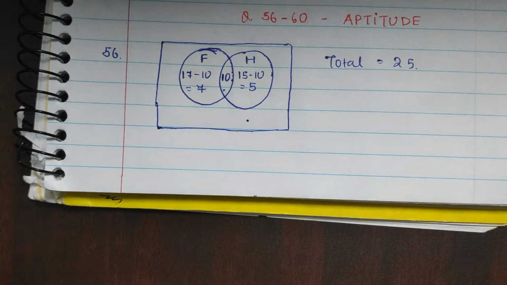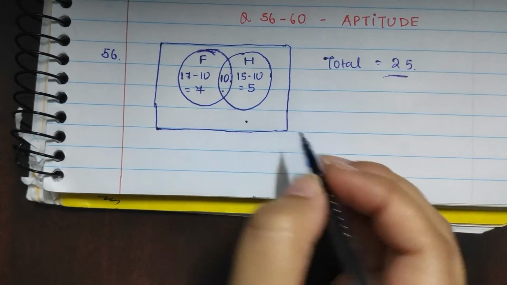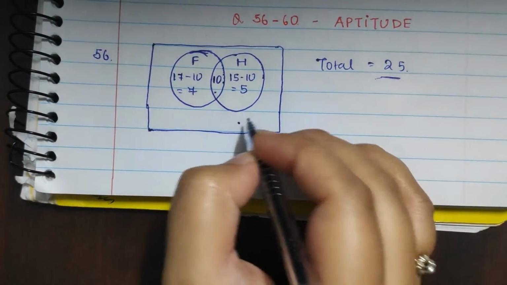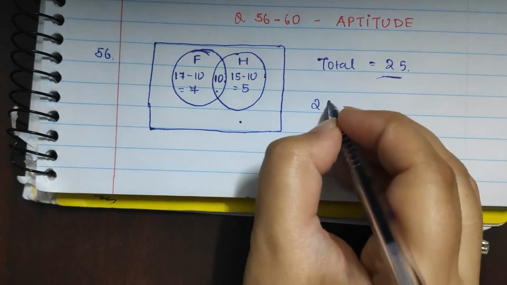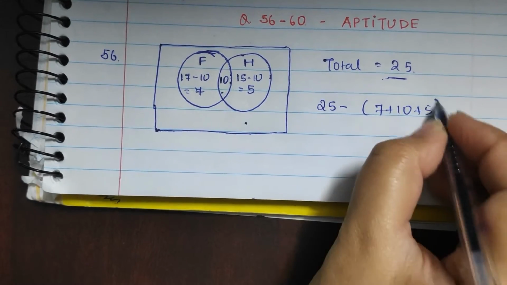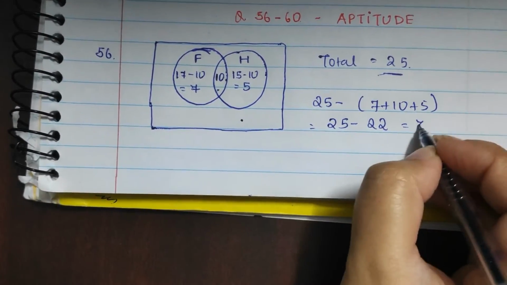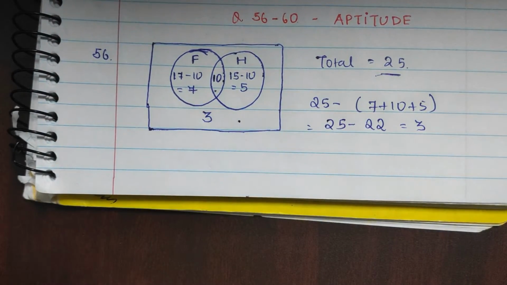Then we have the total number as 25. So the number of people playing neither hockey nor football will be 25 minus (7 plus 10 plus 5), which is 25 minus 22, which is 3. So the answer is 3.